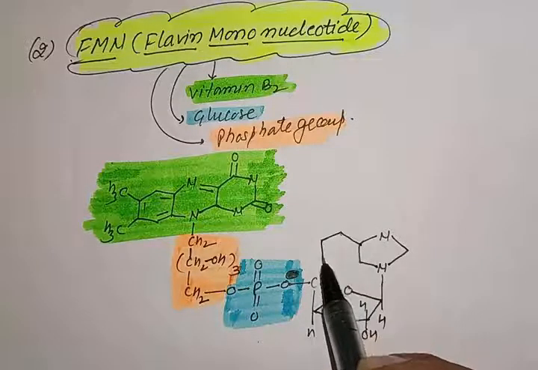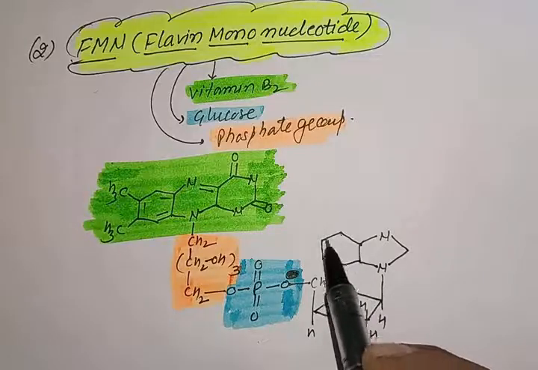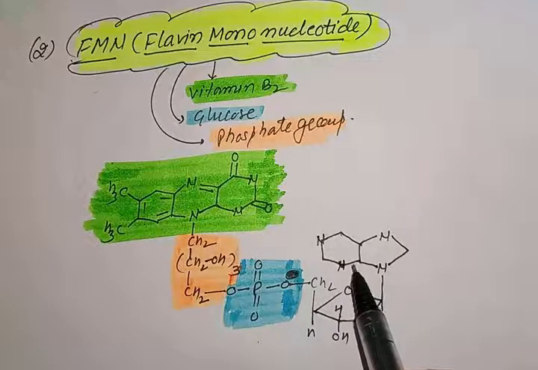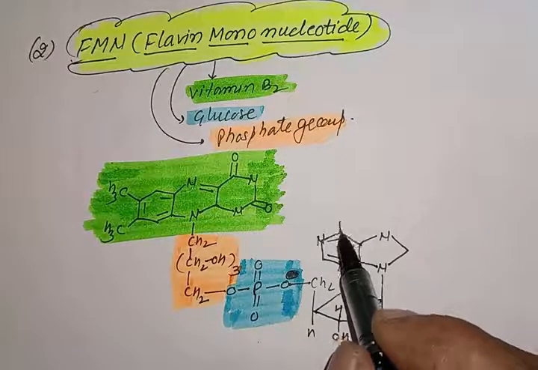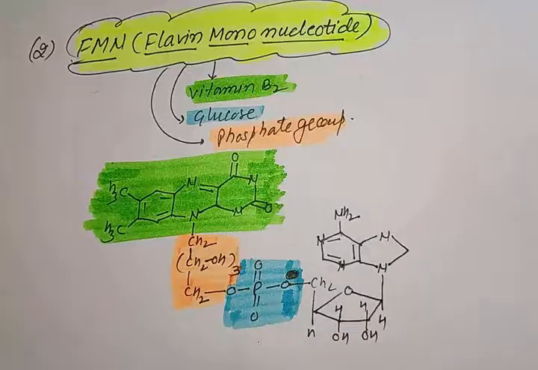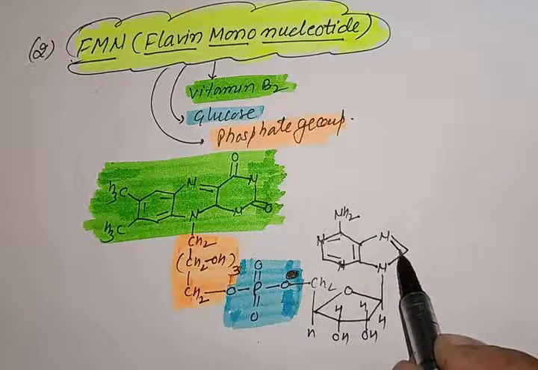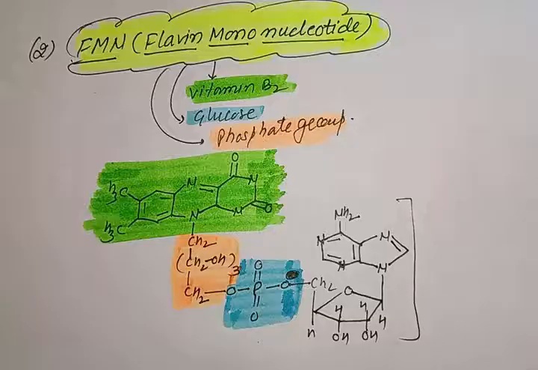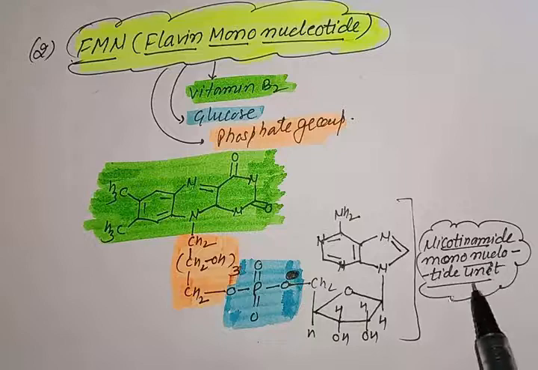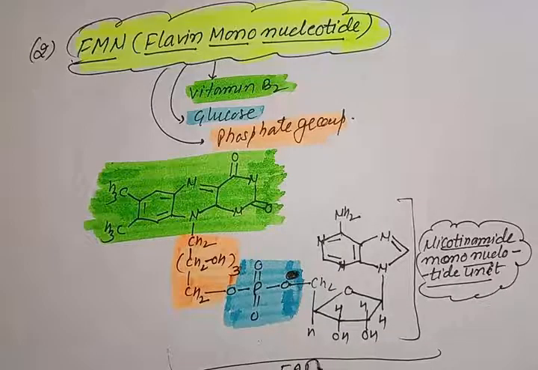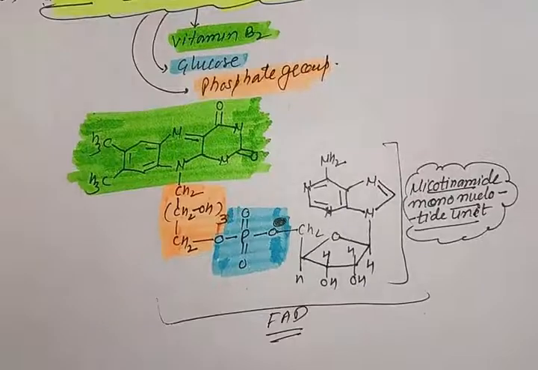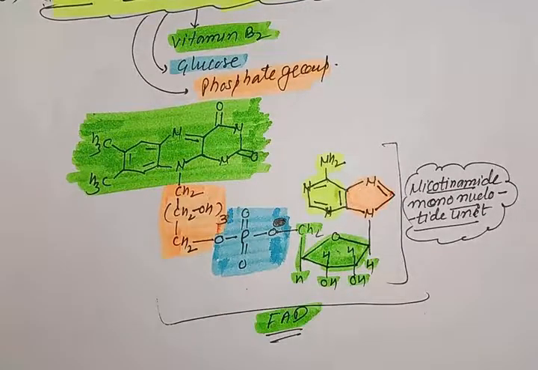This five-membered ring is attached with the six-membered ring having two nitrogen atoms, a heterocyclic ring, with double bonds in this ring and one NH2 group here. This is our adenine unit. When this unit joins with the phosphate group of the FMN unit, this becomes the structure of FAD, that is flavin adenine dinucleotide.